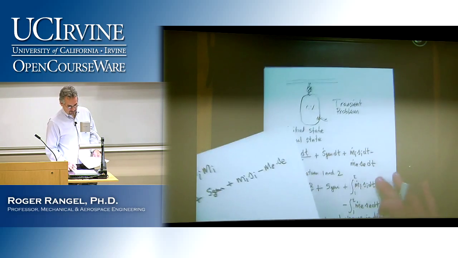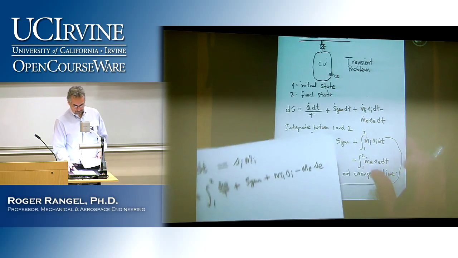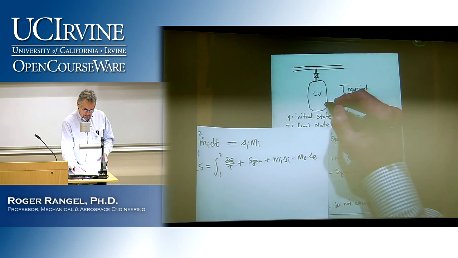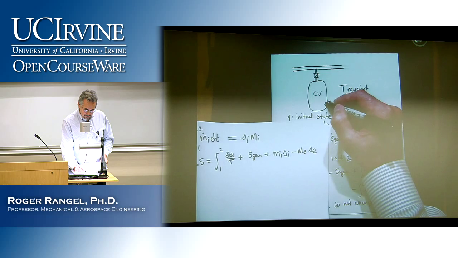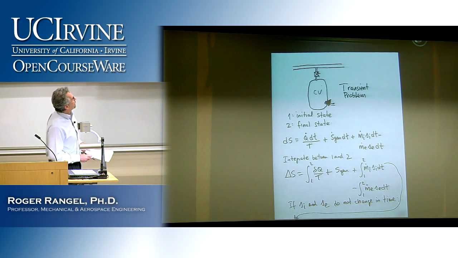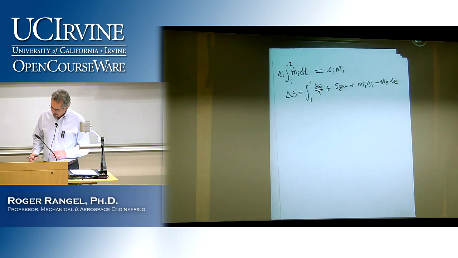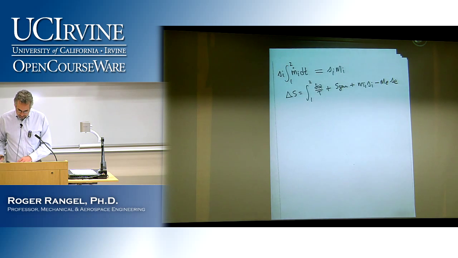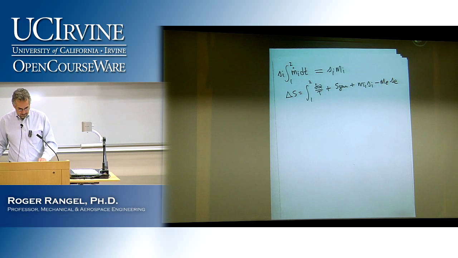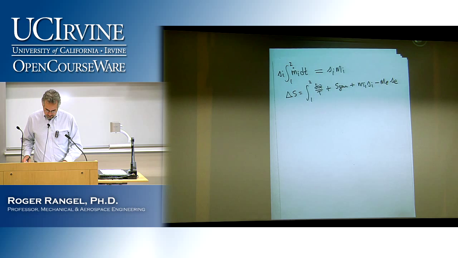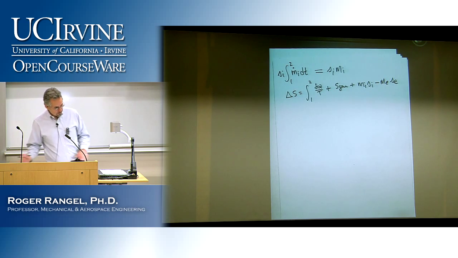So let's, in fact, treat a problem like that. It's the same problem, except I will plug this. I'll put a big plug there. There is nothing coming out. So we're going to look at the filling of a tank or a container like that one. Let me get you the numbers.